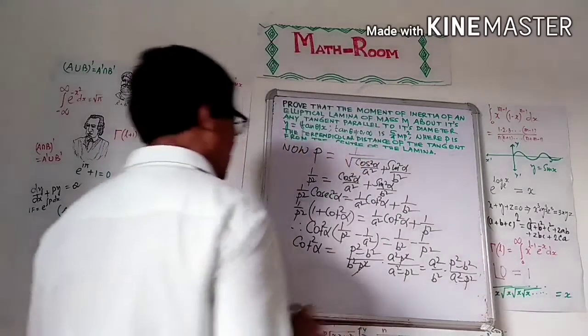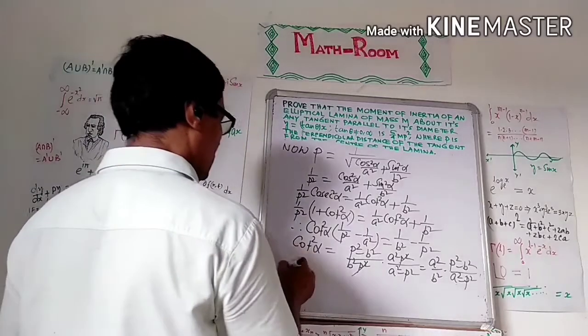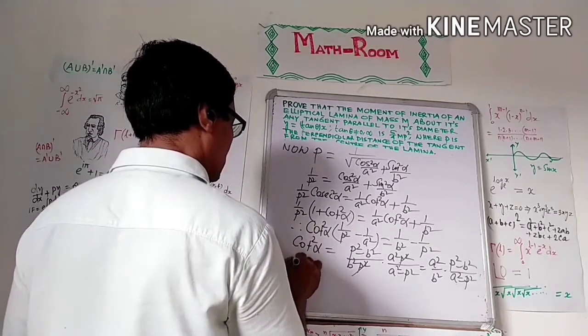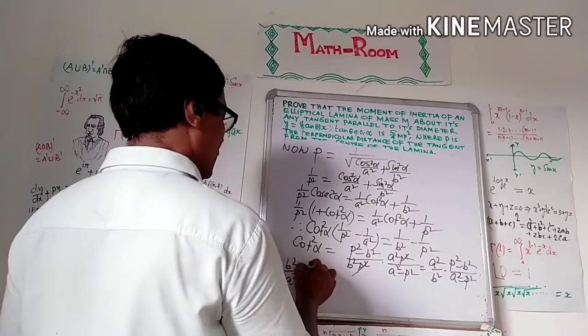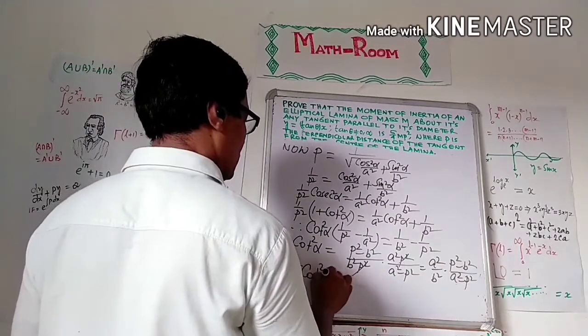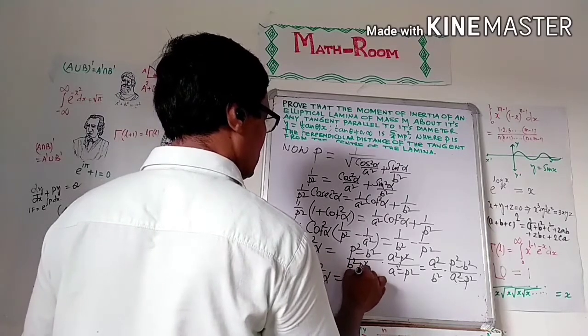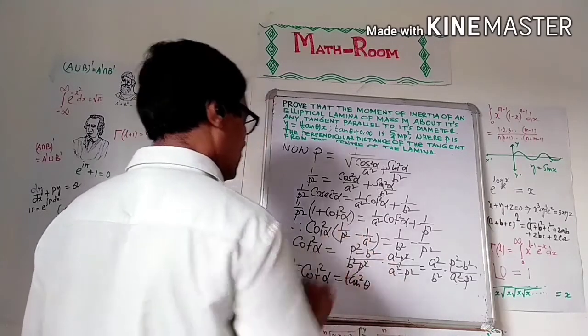And now we have already got b square over a square cot square alpha equal to tan square theta.